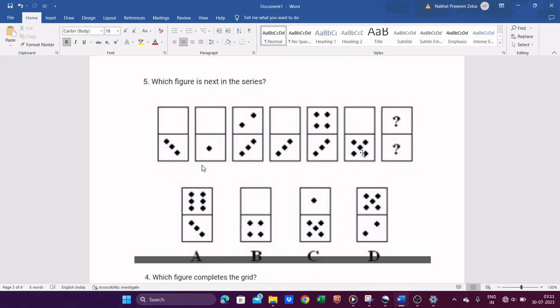No, it is not following that way. Okay, okay. One, one, two. Then two, three. Okay, then four, three. I think it will be B.